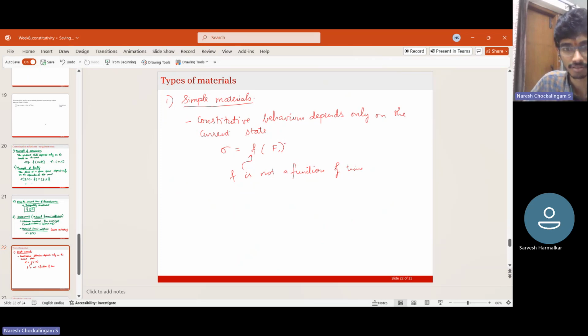So F and F dot actually. So this can depend on F and F dot from time t equal to minus infinity to the current time.